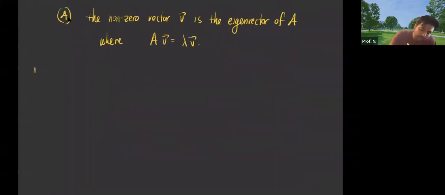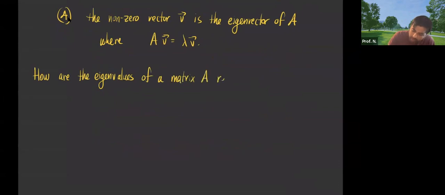So how are the eigenvalues of a matrix related to the determinant, related to, sorry, the invertibility of the matrix A.